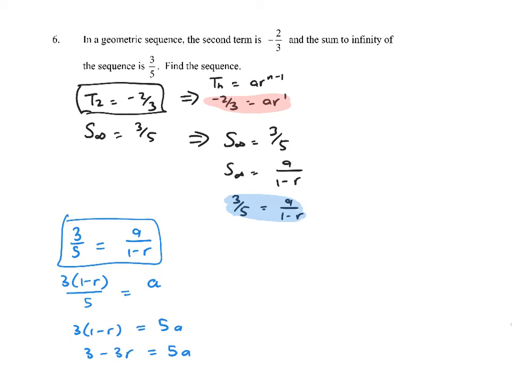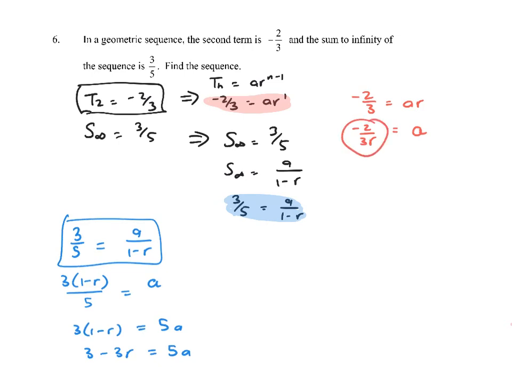Now from that first equation, we've got negative 2 over 3 is equal to ar. So now you need to decide whether you want a alone or r alone. It doesn't matter which one. So for example, I get a alone, so a is equal to negative 2 over 3r.